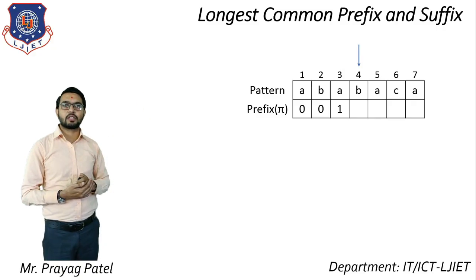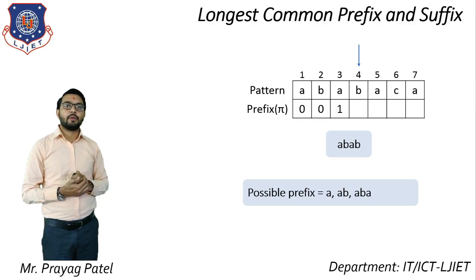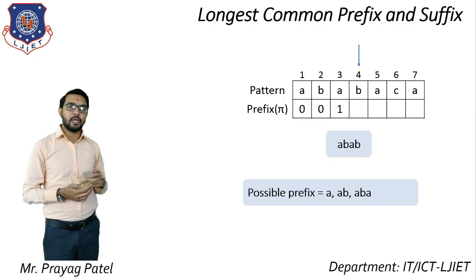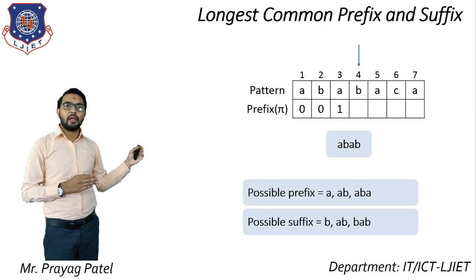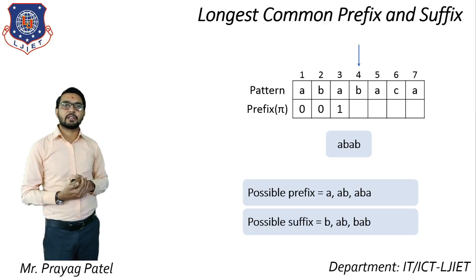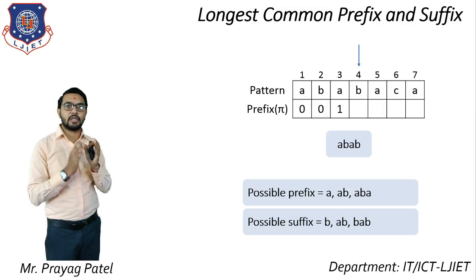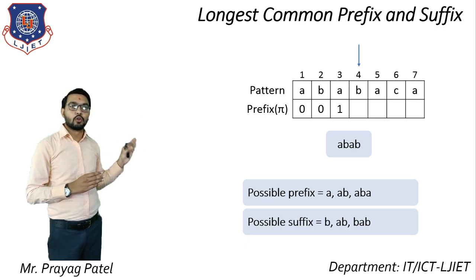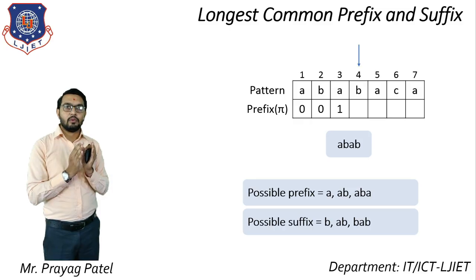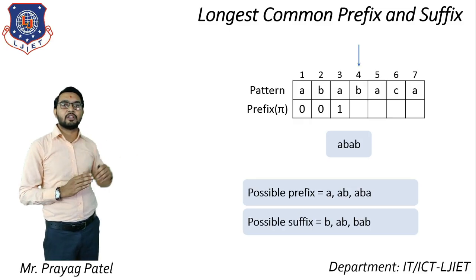Now consider the next location 4, where the text is ABAB. Now the prefixes are A, AB, ABA, and the suffixes are B, AB, BAB. Here the second prefix and suffix are both AB. So one prefix and suffix is matched, and the length of this is your output.